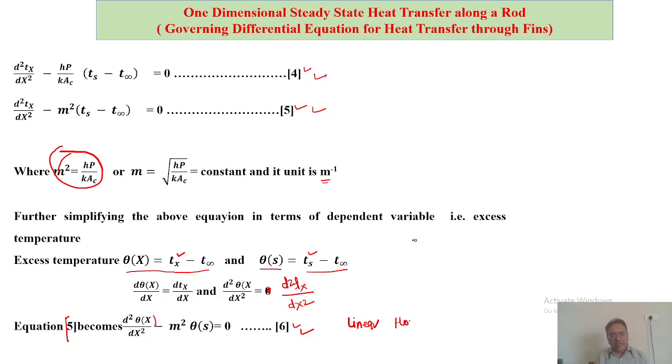Please mind this term: linear homogeneous second order differential equation.